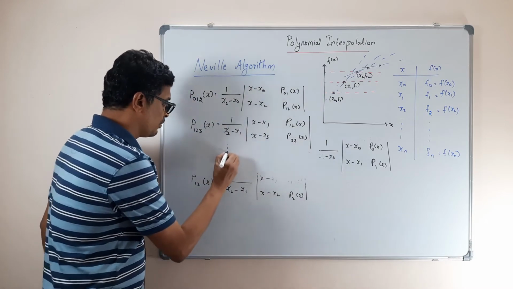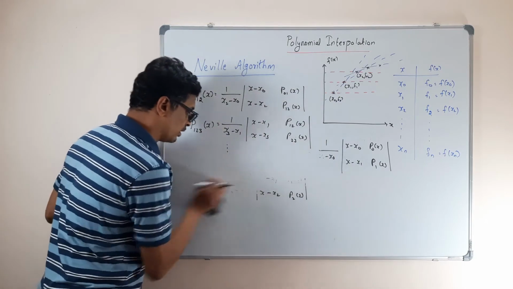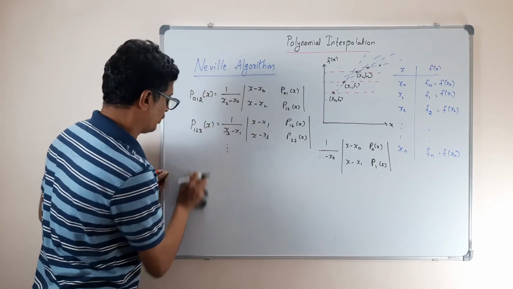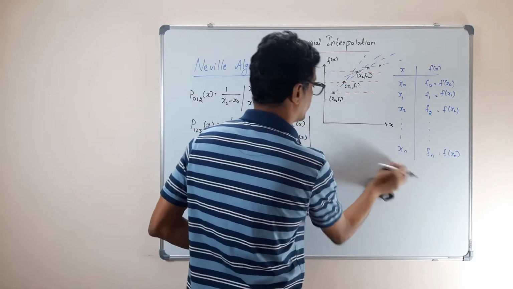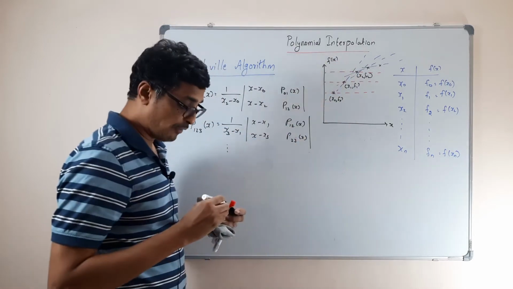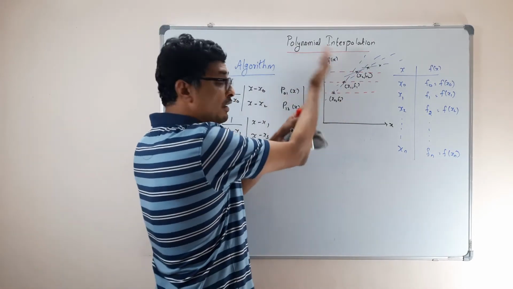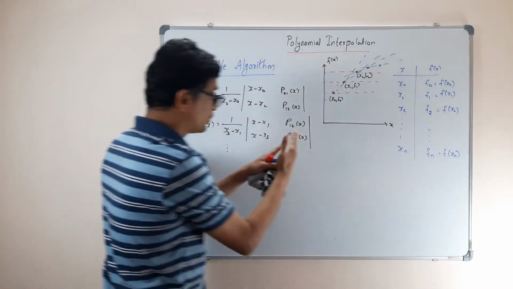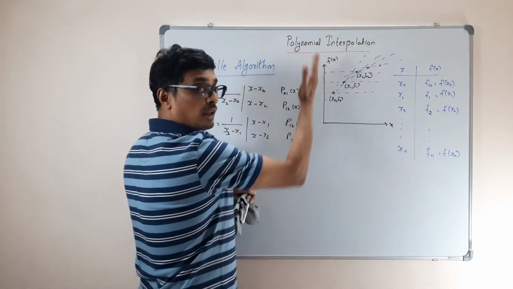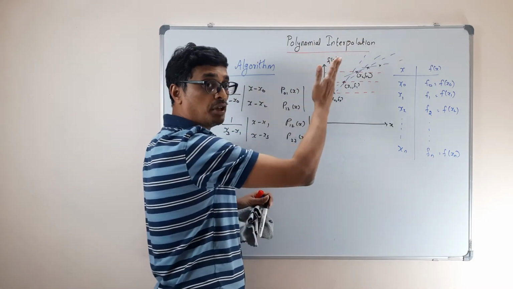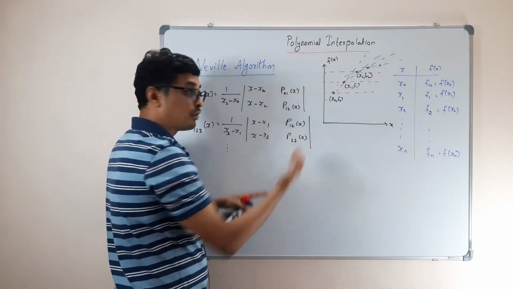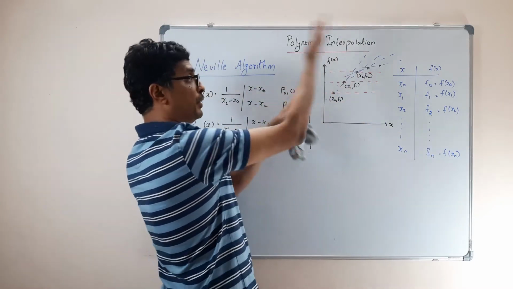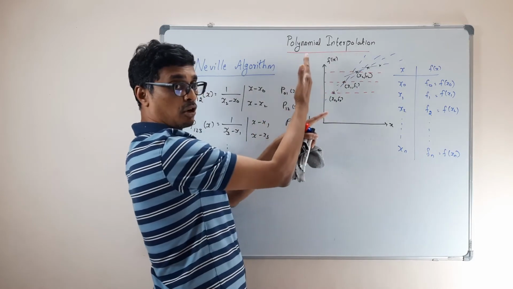This way we can keep going on, and eventually we can find the polynomial of degree 2 passing through 3 points. After this, I again redefine my y-axis in terms of the polynomial of degree 2, then draw a straight line that gives me a polynomial of degree 3, and then I do the same procedure again, setting that polynomial as the y-axis and drawing a straight line, to get a polynomial of degree 4.